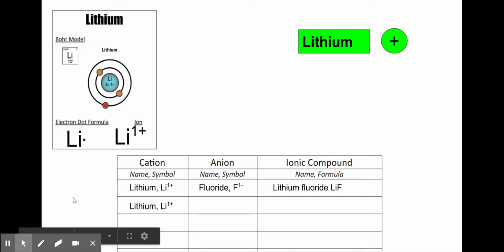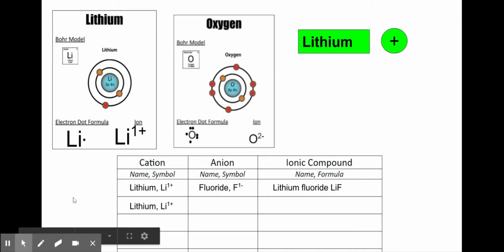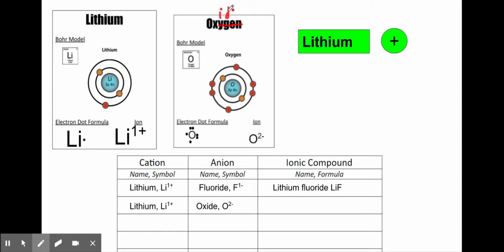So we have lithium, the cation, and our anion for this one will be oxygen. Remember, we changed the ending to oxide. In this one, the whole part YGEN gets taken away and replaced with IDE.